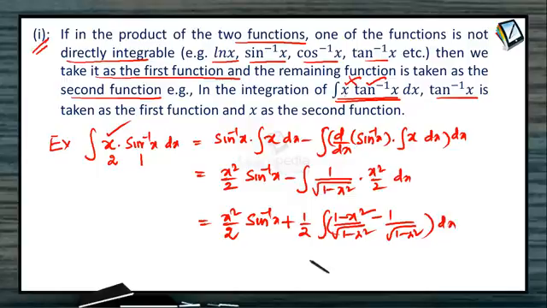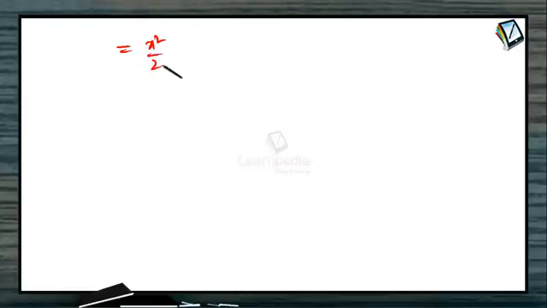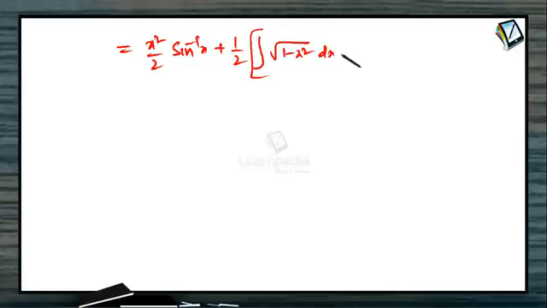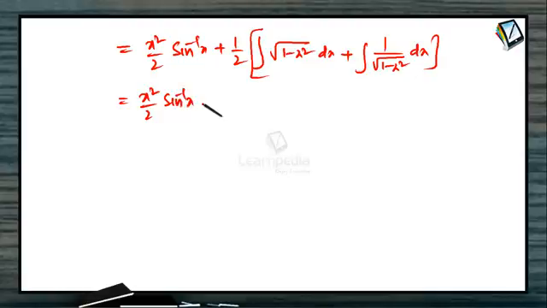Therefore this becomes x square by 2 into sine inverse of x plus half into integral of root over 1 minus x square dx plus integral of 1 by root over 1 minus x square dx if you distribute the denominator. X square by 2 times of sine inverse of x plus half of, this is in the form of root of a square minus x square.